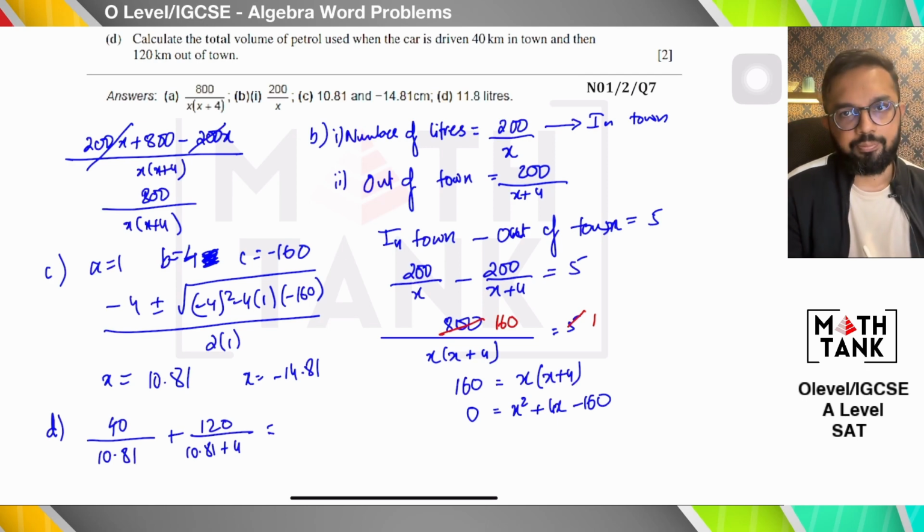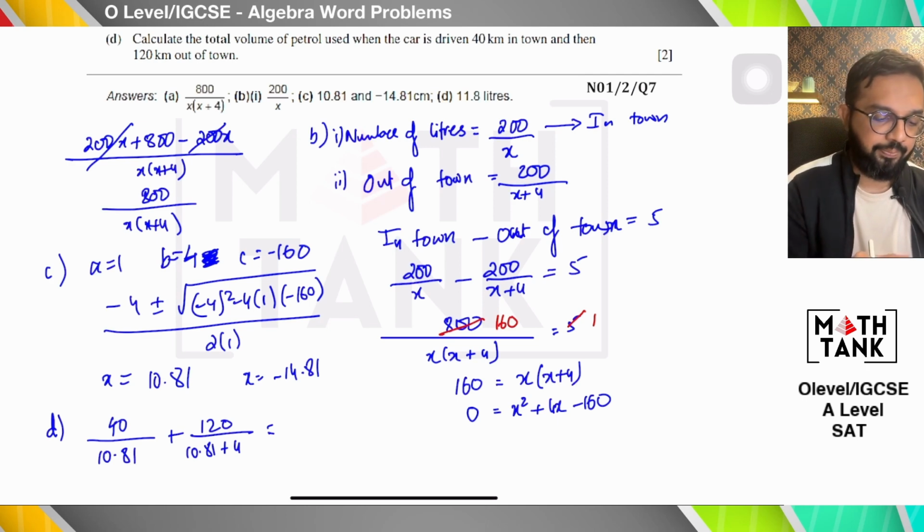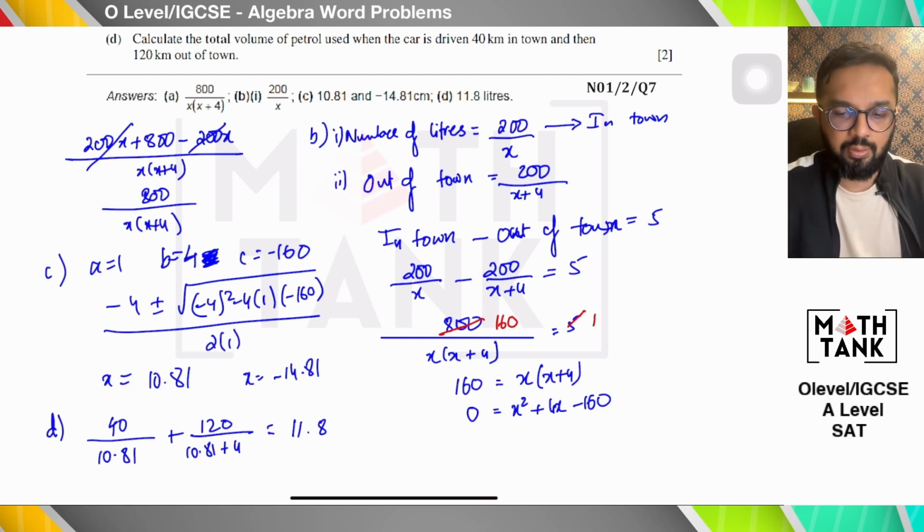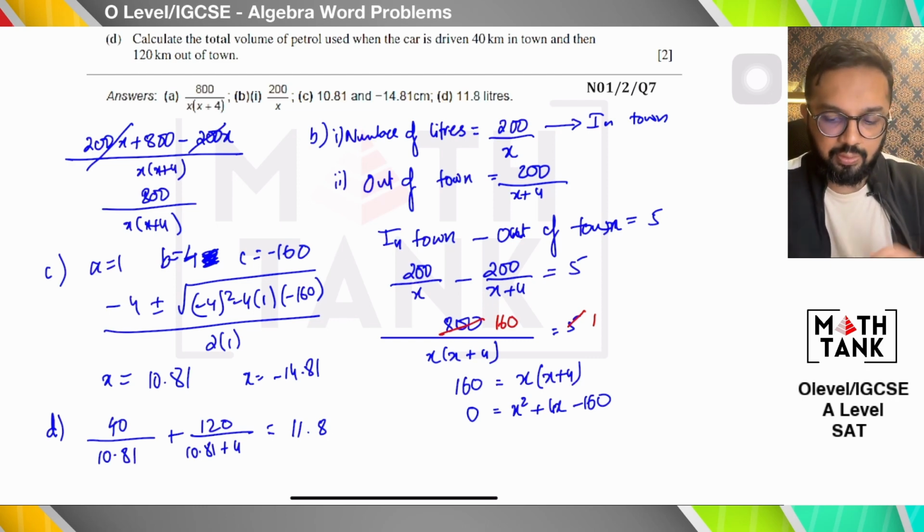Because consumption can't be negative. Okay. 40 over 10.81 plus 120 over 14.81. So I'm getting 11.8 liters of petrol. Pretty significant figures.